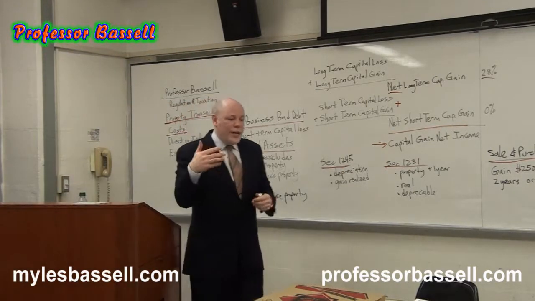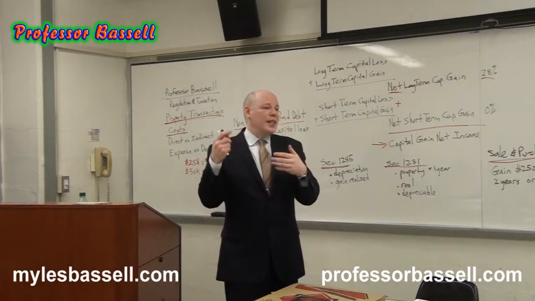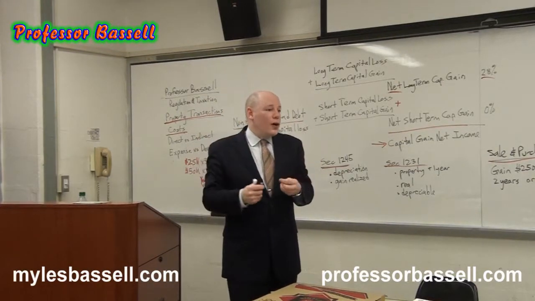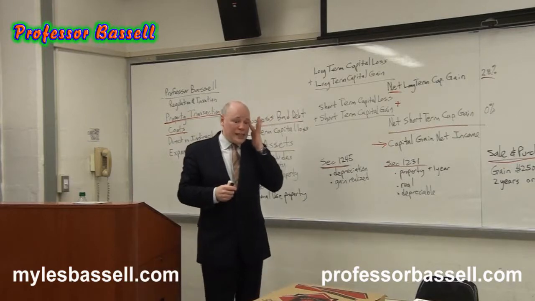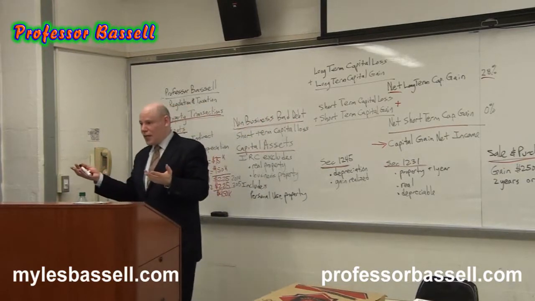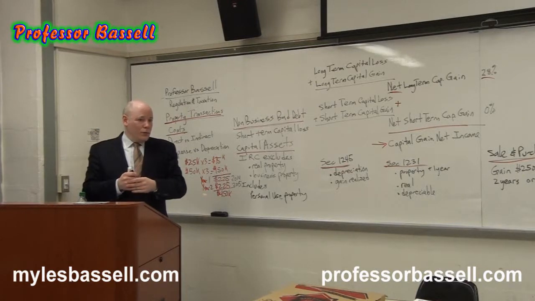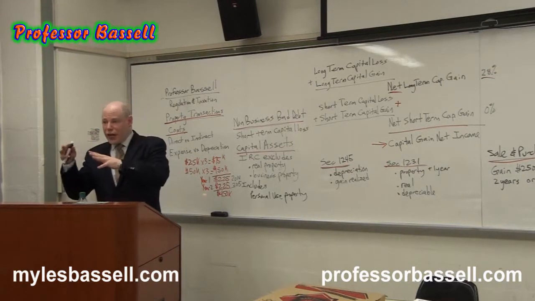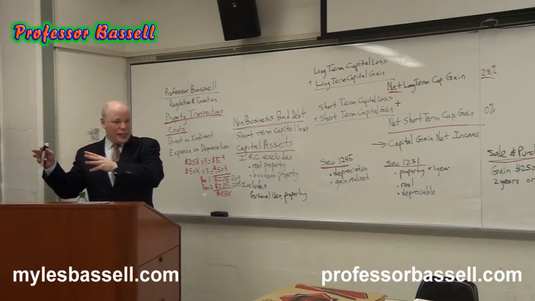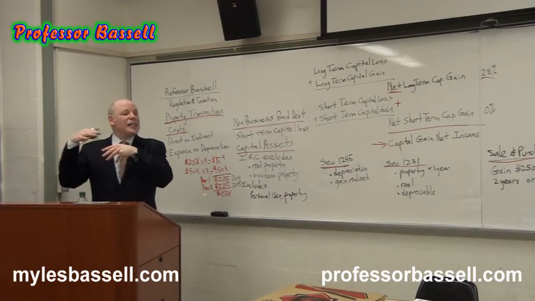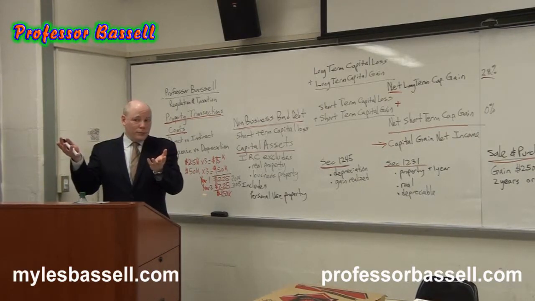Our broker is going to tell us what the proceeds are from a sale. So let's say we sell 1,000 shares of a stock. We know what the proceeds are, which is what? The number of shares times the price that we sold it at, minus the commission.